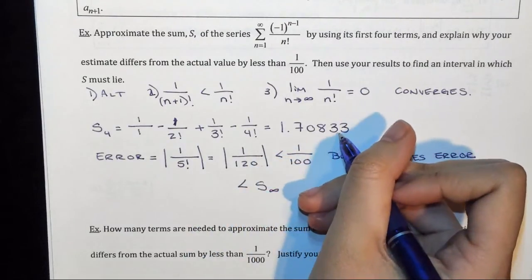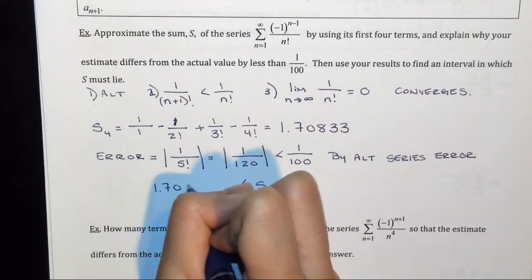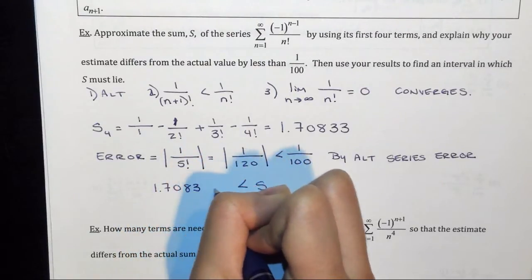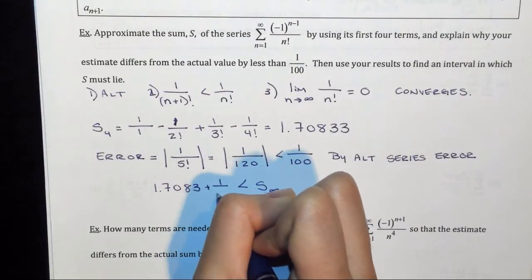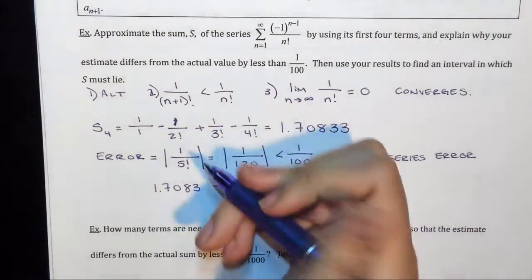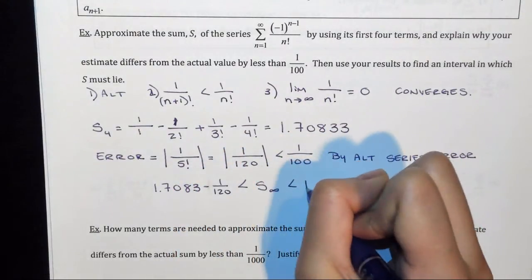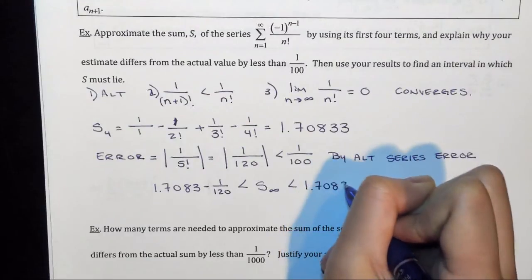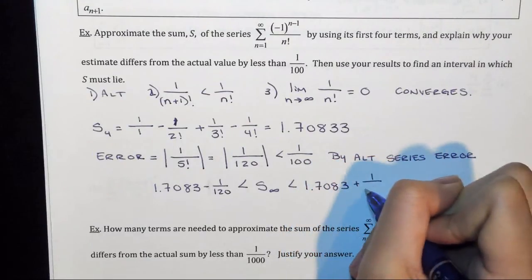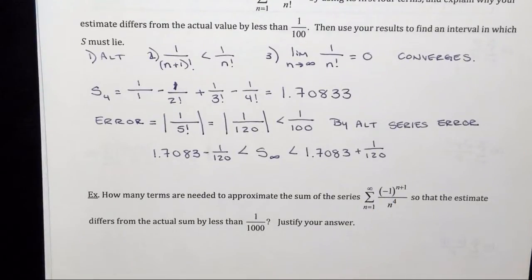And if you actually wanted to find what your actual sum as you went to infinity would be, you would take the approximation up to 4 terms and subtract 1 over 120, and you would add 1 over 120, and that would give you your actual value.